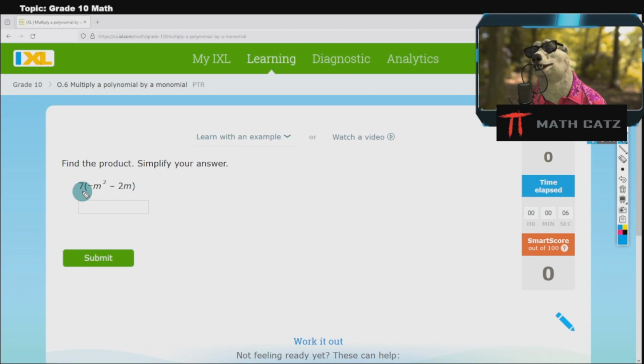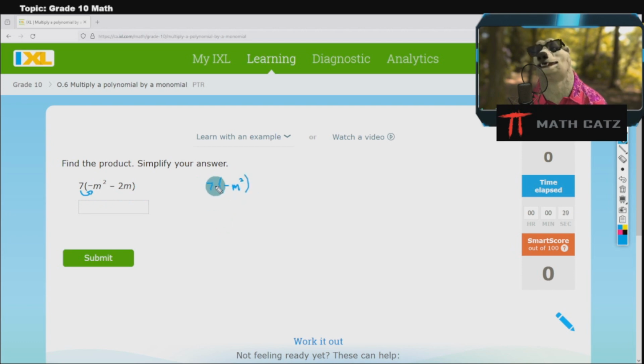So here we have the same situation. 7 times two things that I cannot put together. They are not like terms. The distributive property is how I'm going to simplify this. So I'm going to multiply the 7, I'm going to emphasize that, 7 times negative m squared.